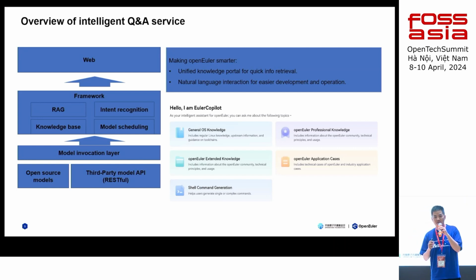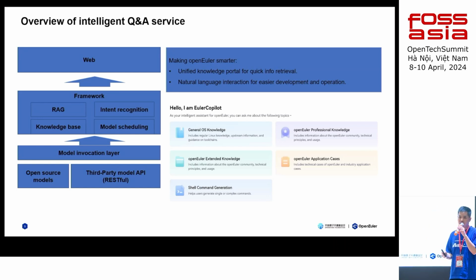So the first thing in front of us is to let users understand what openEuler is and its features, maybe the community size, and the latest news from our community. So we think the Q&A online service is a perfect match for these needs. So we released the Q&A service.